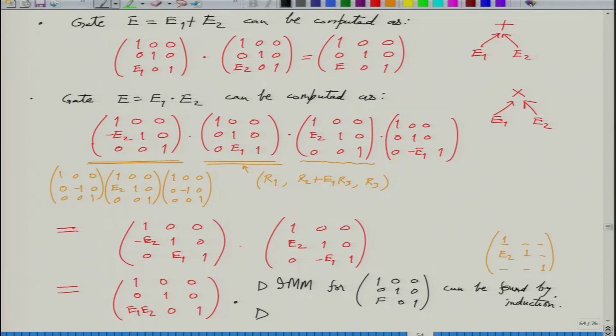The second thing is its size is 4 to the depth of the formula, which is 4 to the log s, which is poly s.